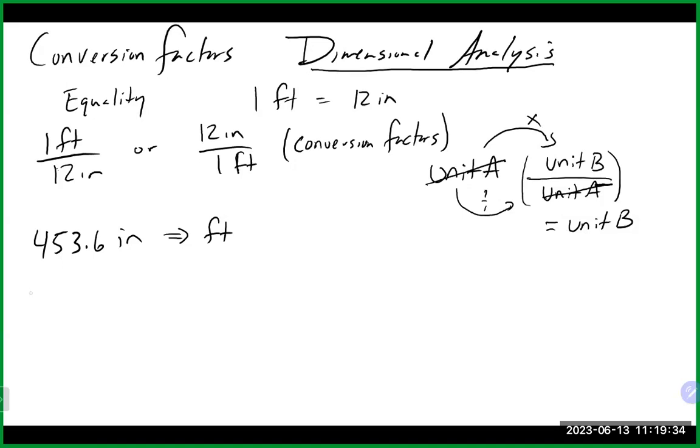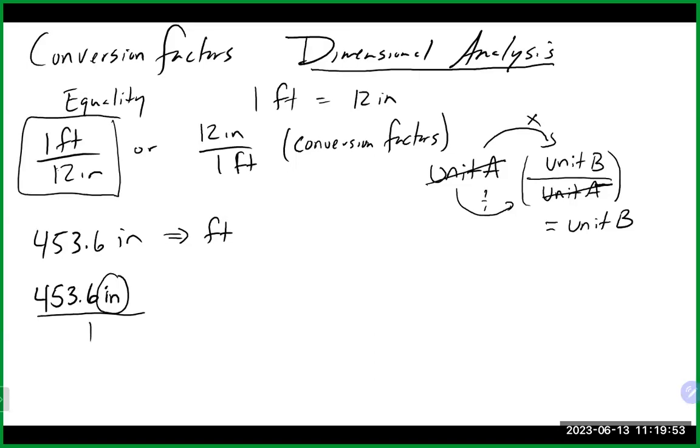So in this case, we would take 453.6 inches. Inches is what we want to get rid of, although it is not written as a fraction. It's basically over 1, which means the units of inches are up on top, which means when we look at our conversion factors, we want to use the inches on the bottom as our conversion factor.